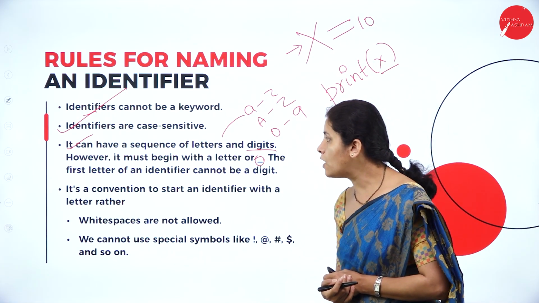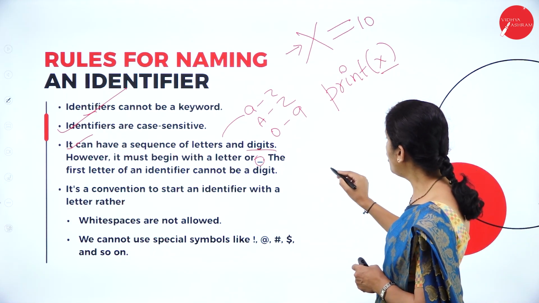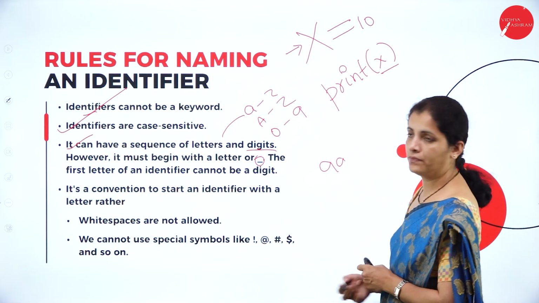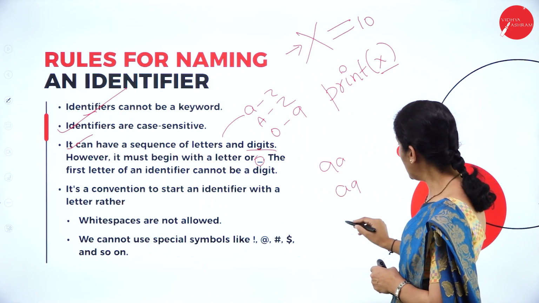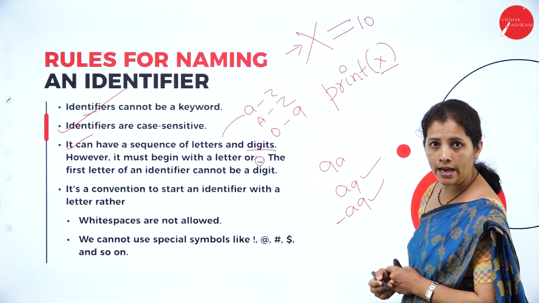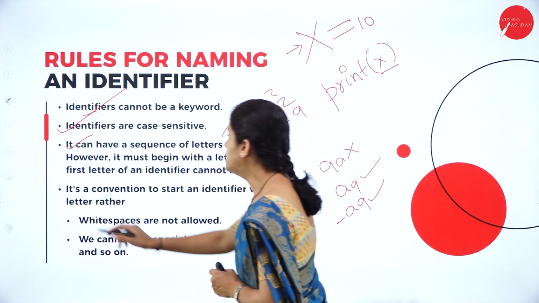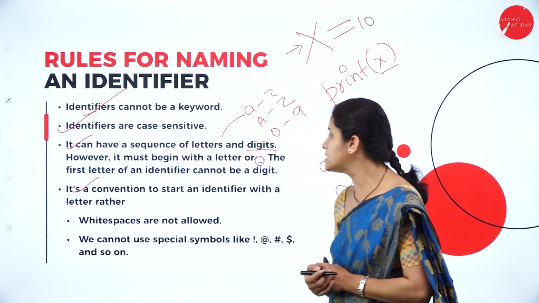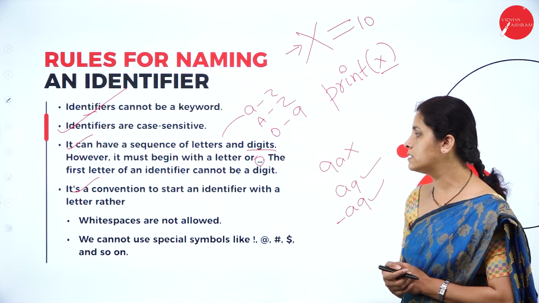The first character of an identifier cannot be a digit. I cannot write 9A. I can write A9. I can write underscore A9. So these two are valid and this one is invalid. It is a convention to start an identifier with a letter.